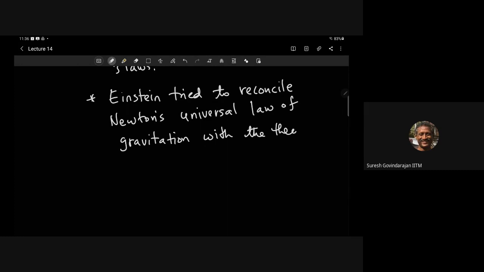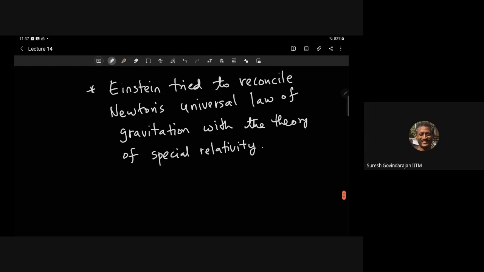This is something which we will see in this course, the theory of special relativity. Okay. So this led to what is called the general theory of relativity.